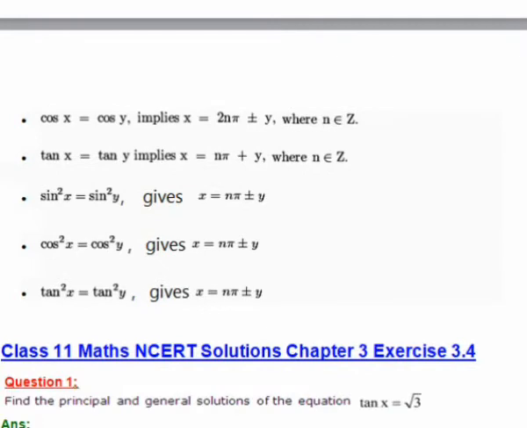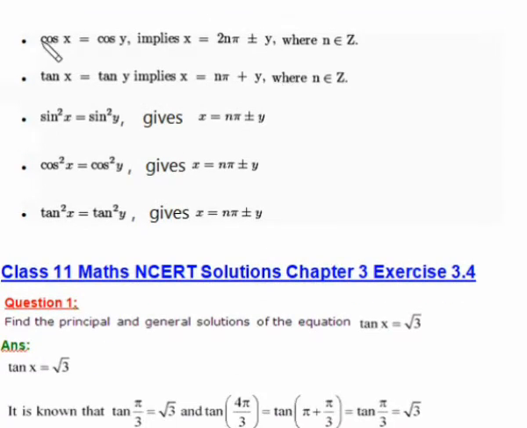Now in other trigonometric functions, cos x is equal to cos y implies x is equal to 2n pi plus minus y, where n belongs to z. In case of tan x is equal to tan y, it implies x is equal to n pi plus y, where n belongs to z.